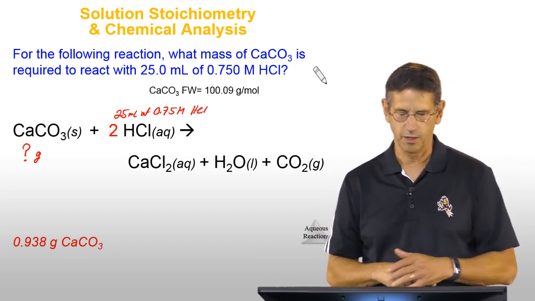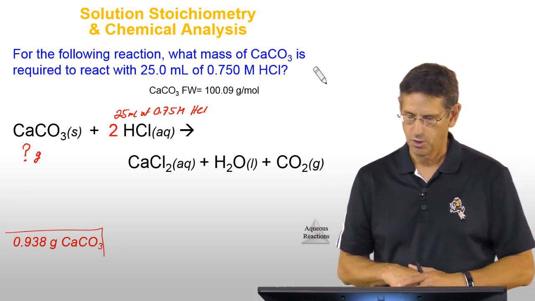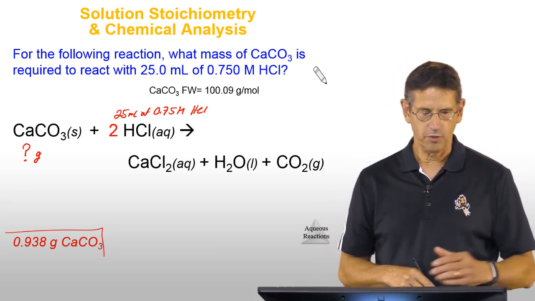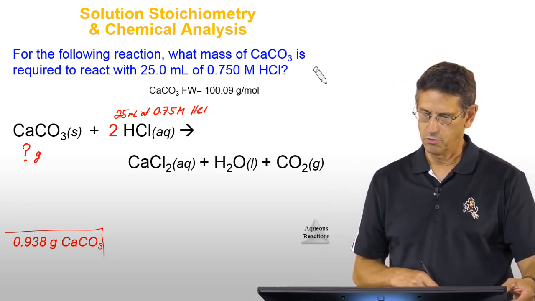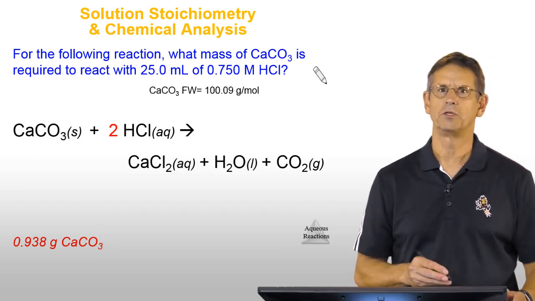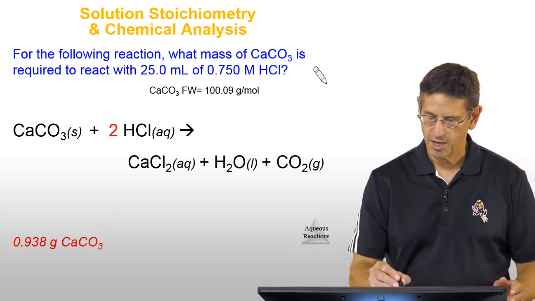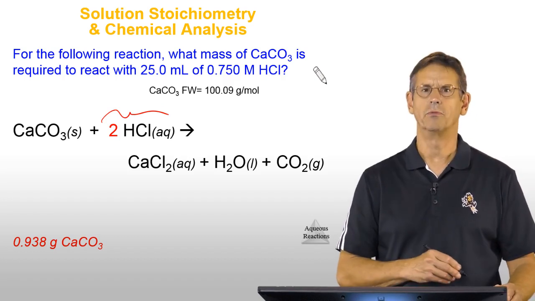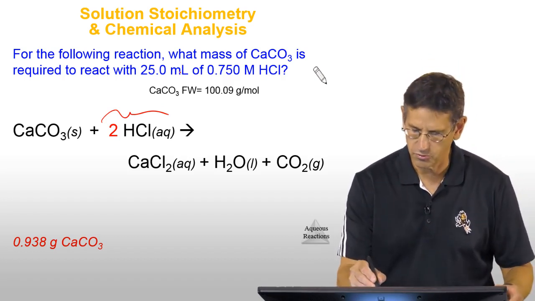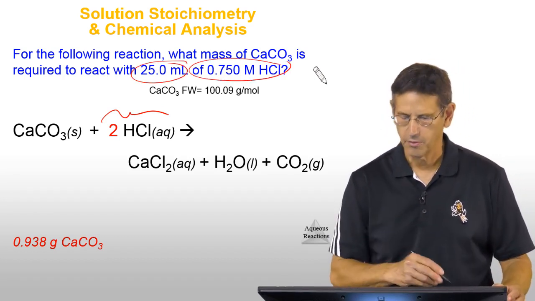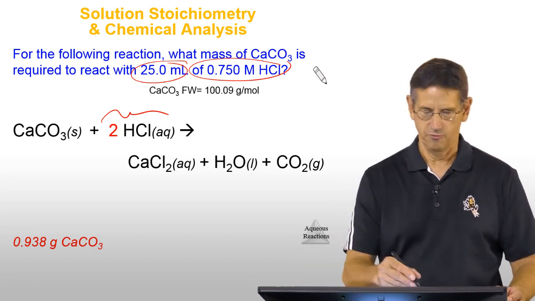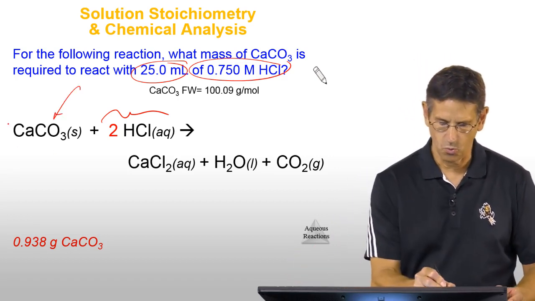So how do we do that? By the way, the answer's down here, so we'll work through there. Well, let me erase this and just tell you, notice the mole ratio. Whatever we calculate for the moles of HCl, and how do we do that? Well, we're going to use volume and molarity. We only need half that amount for the calcium carbonate, because it's a 1 to 2.